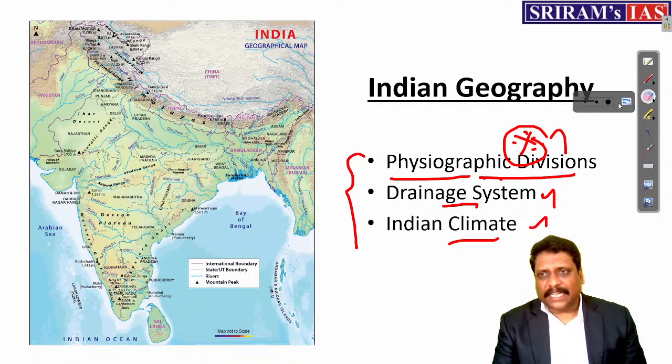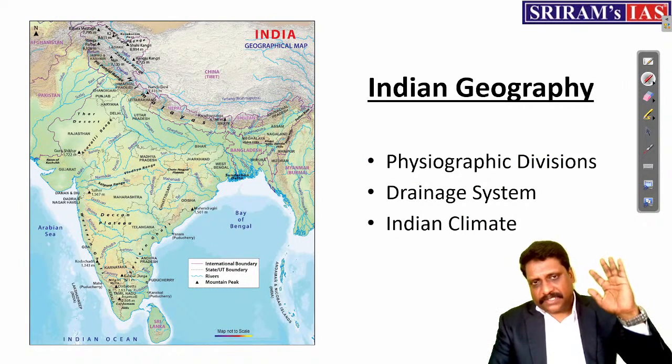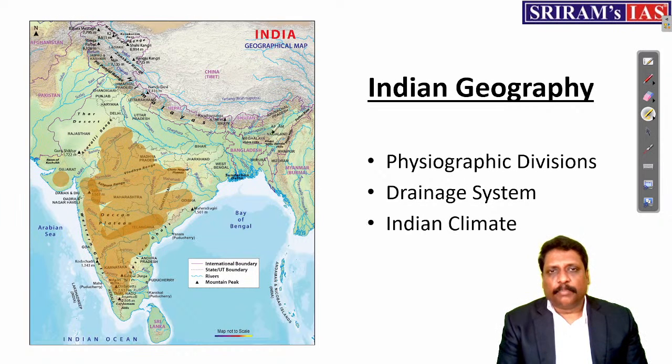Okay. So the entire India, my dear friends, we are going to divide into different landform features. That's it. Plateau, mountains, plains and islands. For example, what you see here in the central part of India largely comprises plateau.